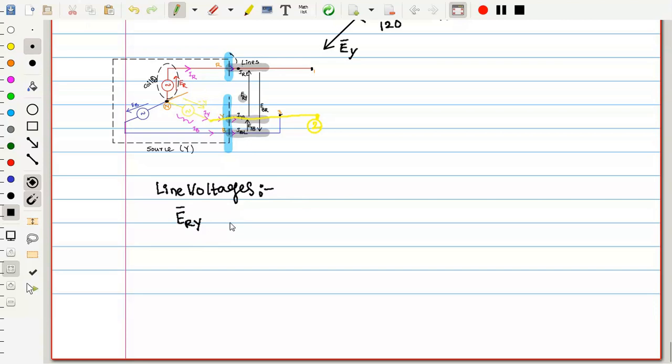Now try to understand, where is the R phase terminal, what is its voltage. So shall I put it like this? This is R phase, ER phasor, and just for your understanding I am putting it only for this case, EY phasor, magnitudes, arrow pointing positive.